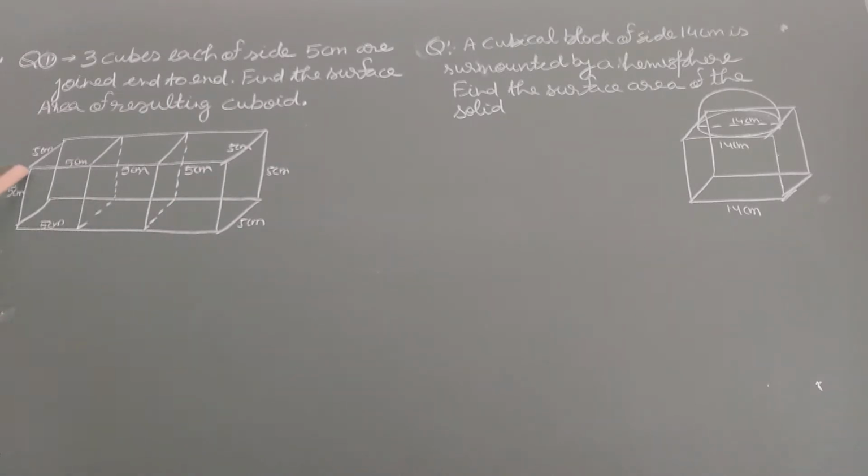So there are 3 cubes, 1, 2, 3, joined end to end. So then a cuboid is formed. We have to find out its surface area.